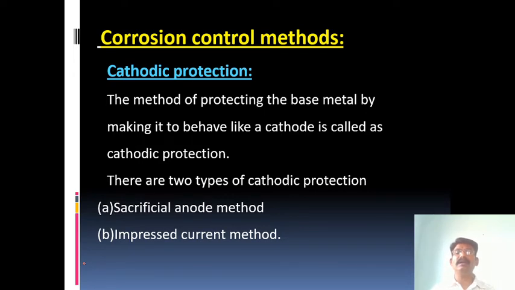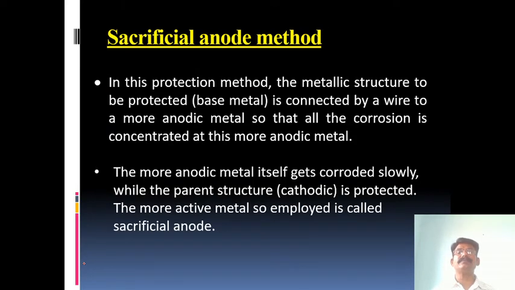What we want to protect, iron pipes or iron sheet, is the base metal. If you want to protect it, we have to make it the cathode, by these 2 methods: the sacrificial anodic method and the impressed current cathodic method. In the sacrificial anodic method, the base metal that you want to protect, an iron sheet or any sheet, is always connected to an anodic metal by a metallic wire.